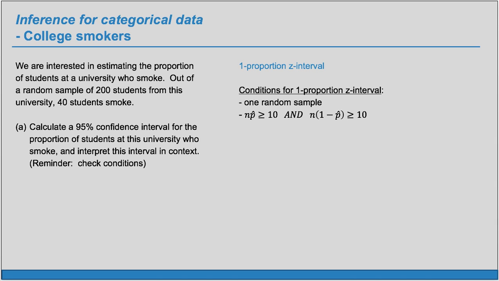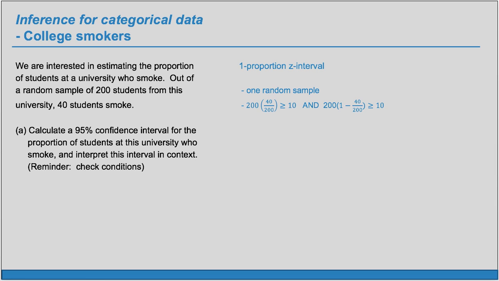So we must use the given sample proportion when we check our np greater than or equal to 10. So we do have one random sample, and our p-hat is 40 out of 200, and that's 0.2, so n p-hat is greater than or equal to 10, and our n(1 minus p-hat) is also greater than or equal to 10.